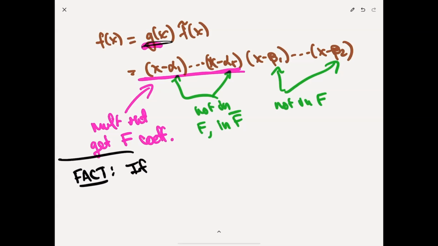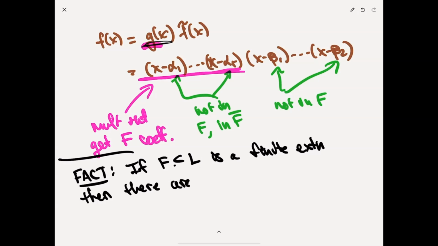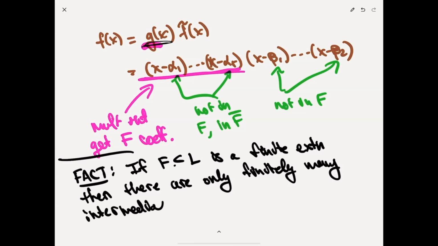So if F is contained in L, and L is a finite extension, then there are only finitely many intermediate fields.